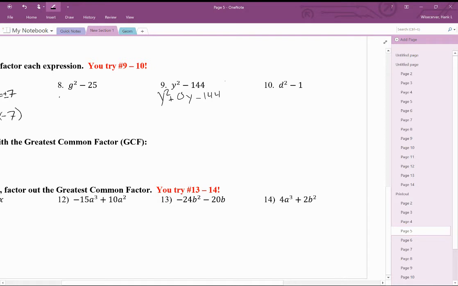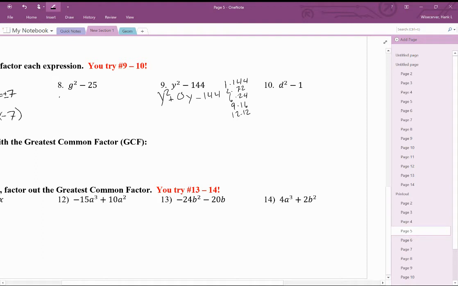So at this point I would list the same ones. 2 and 72, 4, 5, 6. Let's see. 6 does go into it. 6 and 24, 9 and 16, 12 and 12.